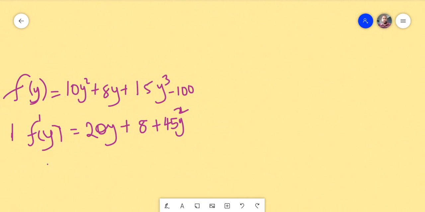So now I'm going to give you a question to see if you've understood power rule differentiation.